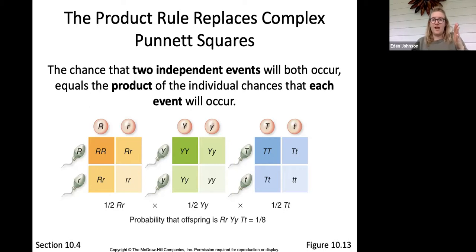You can have one thing happen and it totally does not affect the other thing happening. Okay, so the chance that 2 independent events will both occur equals the product of the individual chances that each event will occur. So this has to occur, and this has to occur, and this has to occur. Every time you say and, the product of the individual chances, you're multiplying these chances together.